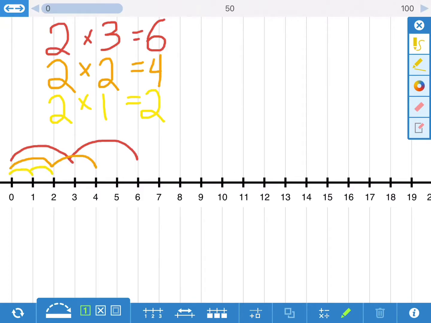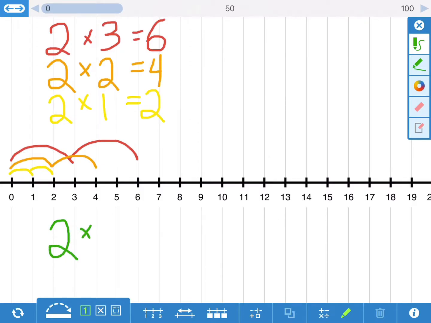Now this is a good time to stop and have a conversation with the students and say, okay, look what's happening. What is changing? Well, the second factor is decreasing each time we change the question, and that is causing the product to become smaller as well. So maybe it's a time to say, well, what if we continue to decrease that second factor?